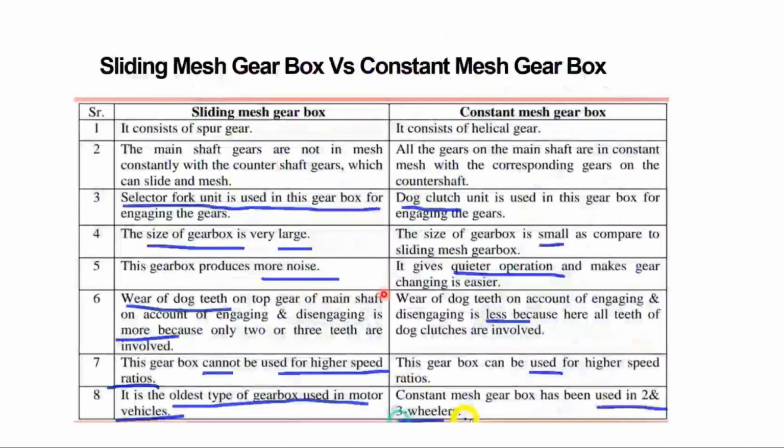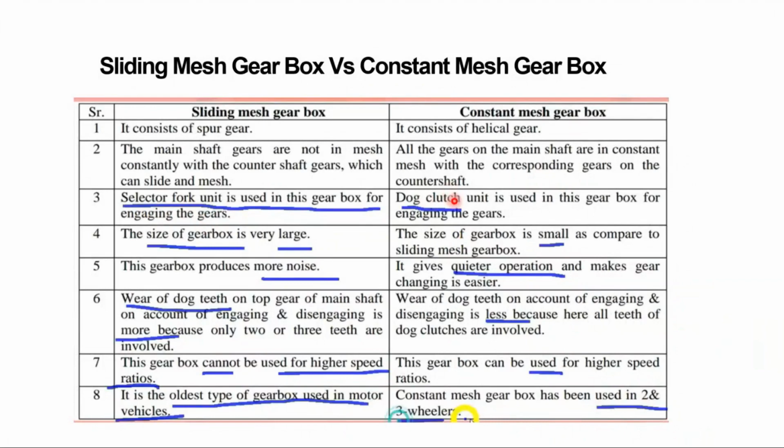Let us see the difference between the sliding mesh gearbox and the constant mesh gearbox. The sliding mesh gearbox consists of spur gears, whereas in the case of the constant mesh gearbox, we have helical gears, and the main shafts are not in mesh. Here you have the constant mesh, and you have the selector fork unit to operate the gears.